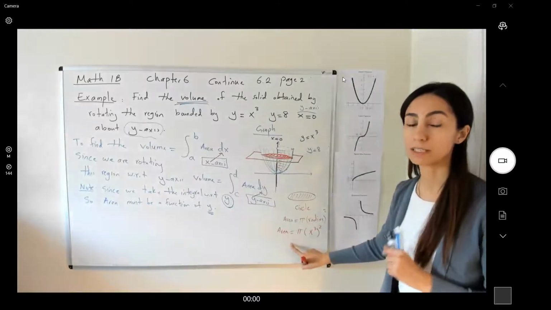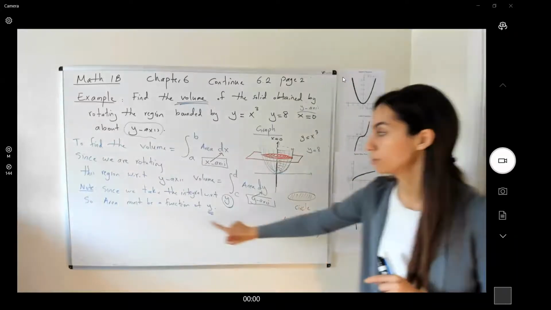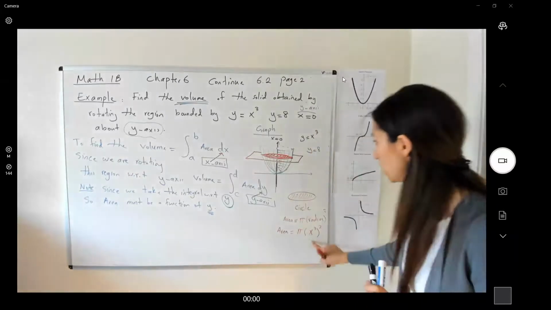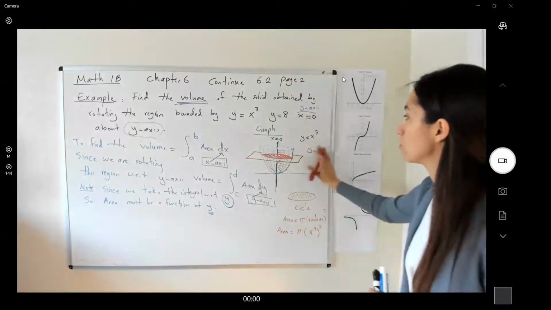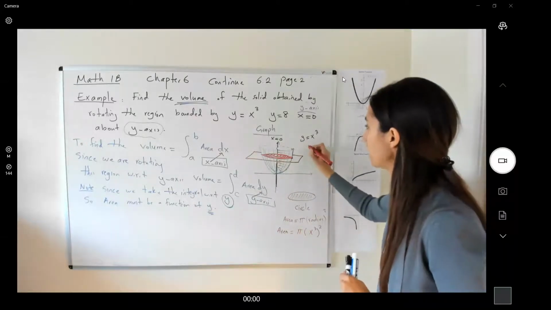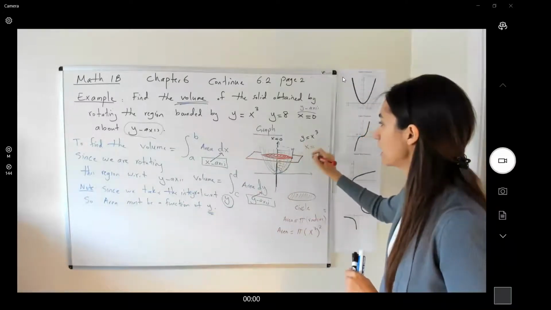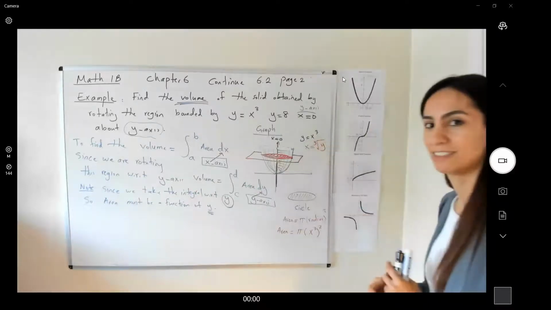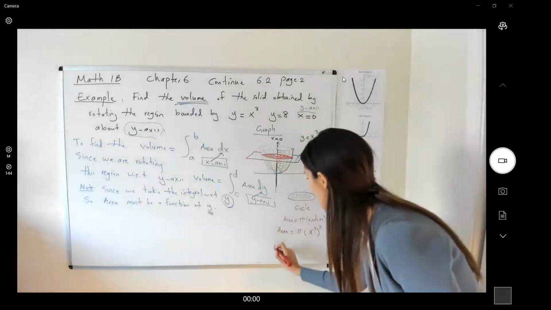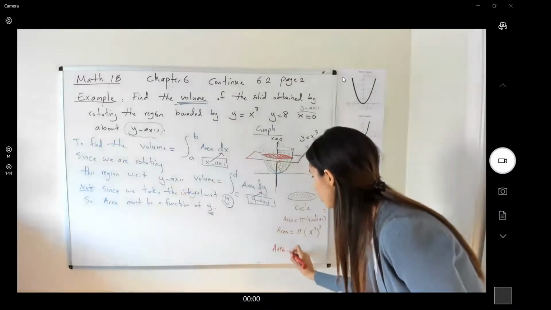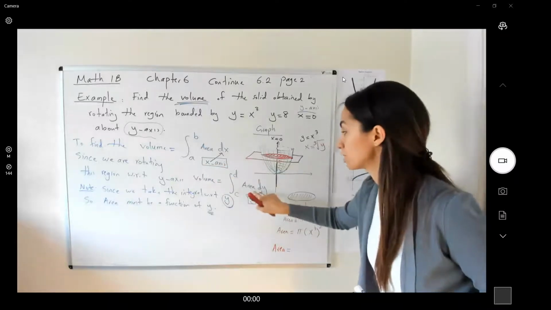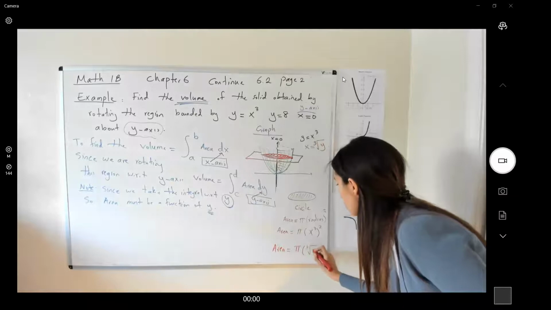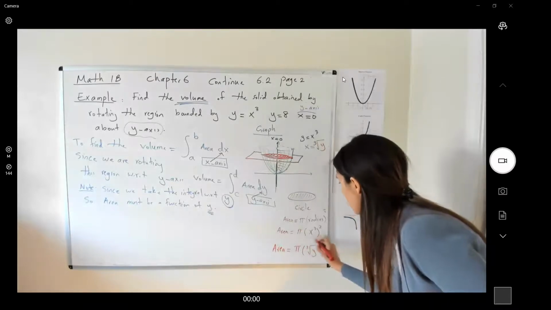Since your area must be in y, instead of using y equals x cubed, rewrite it as x equals the cube root of y. So the area you're going to use for this example with respect to y is pi times the cube root of y, squared.